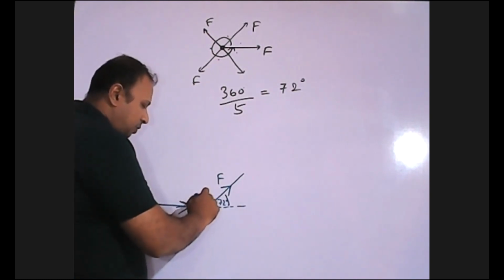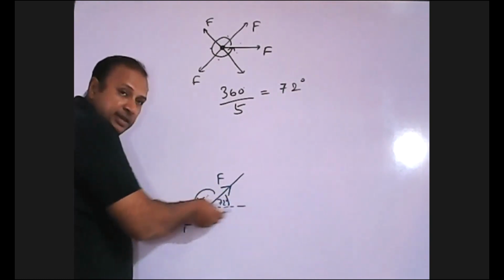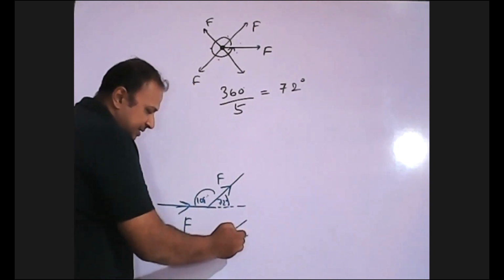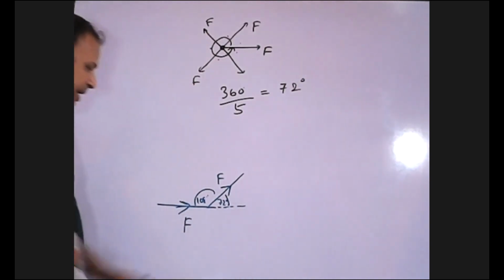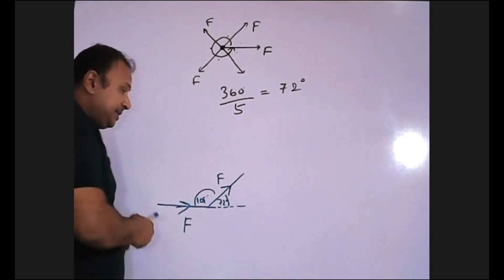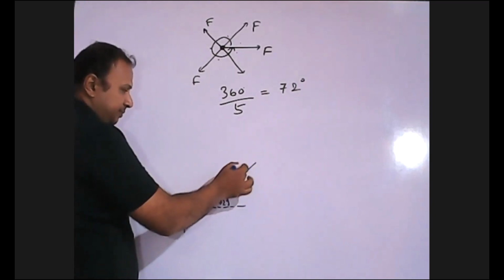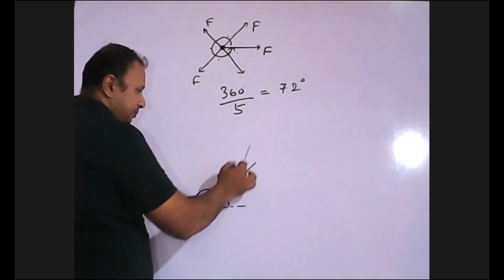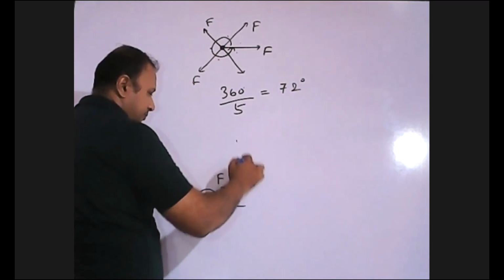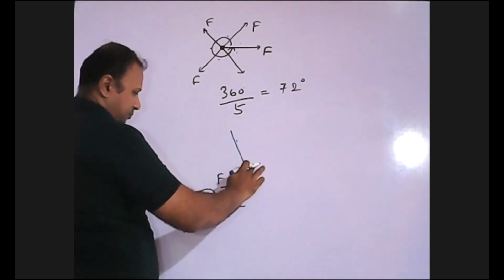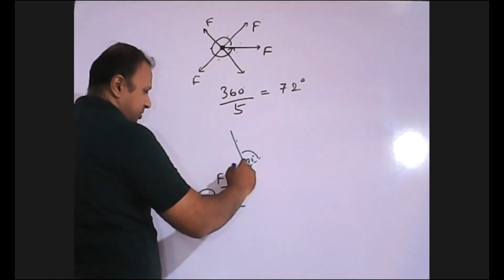Therefore, this side is 18. If you shift this force here, then the two forces are like this. Therefore, this one is 72. Then the third force is inclined at a 72-degree angle to this one.